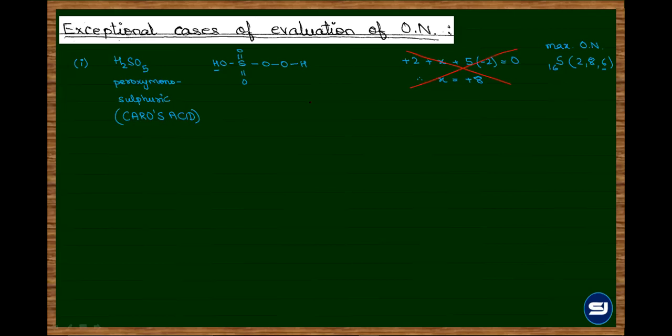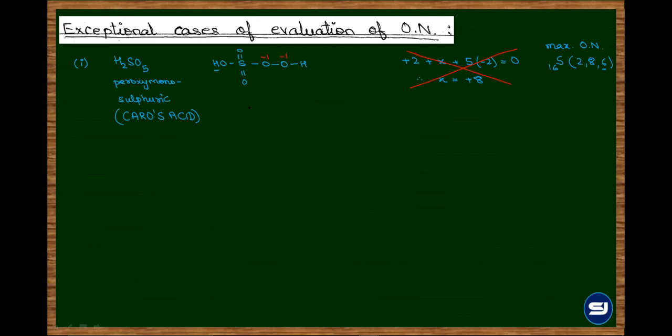And why is it wrong? Because we have considered all the 5 oxygen to be oxides. That was a mistake. If you correct it, these 2 oxygens have the oxidation number not -2 but -1, because it is peroxy.